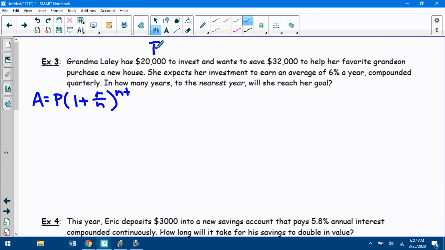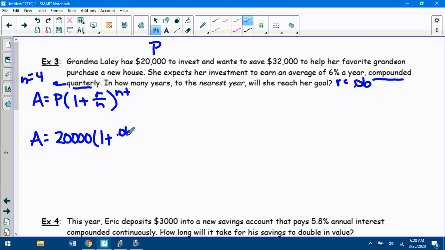The investment is going to earn a rate of 6% a year, so what's r going to be? 0.06. And compounded quarterly, what's that tell us? Well, if we're using this formula, it tells us that n is 4. So my formula is going to be A equals 20,000 times (1 plus 0.06 over 4) raised to the 4t.